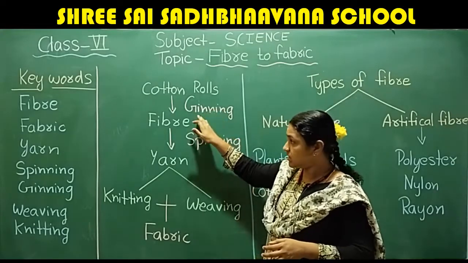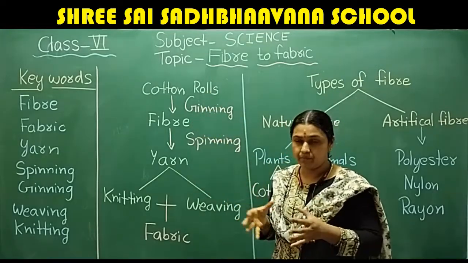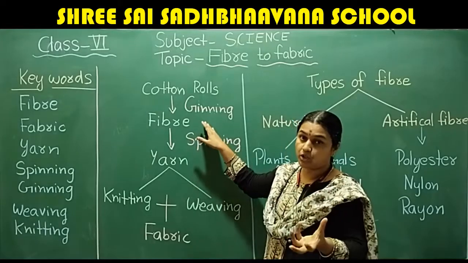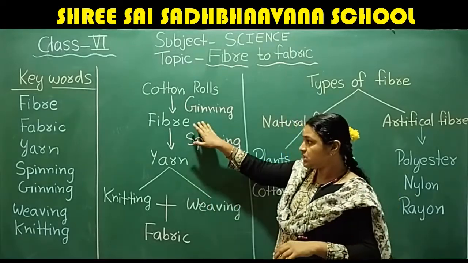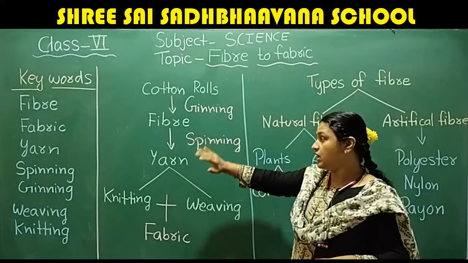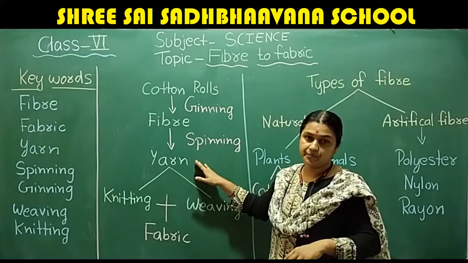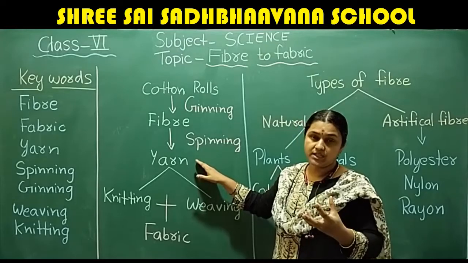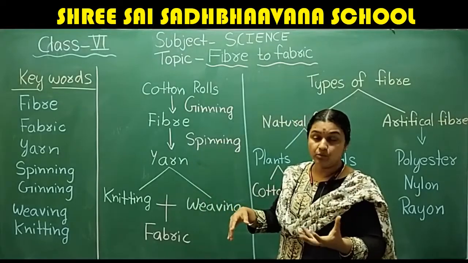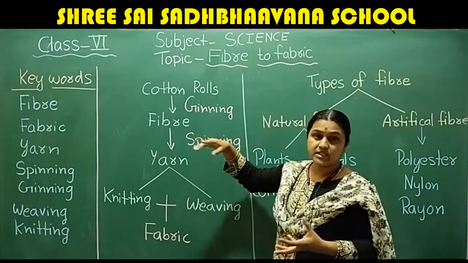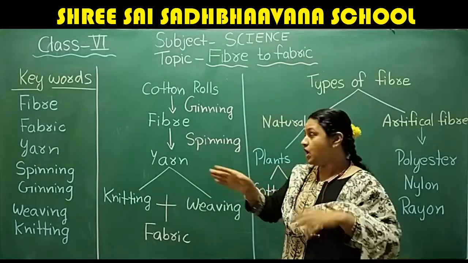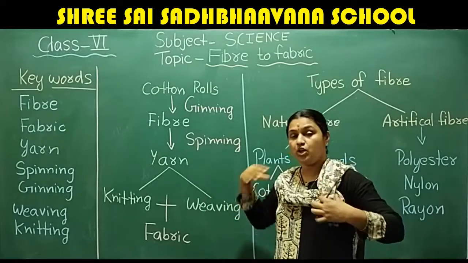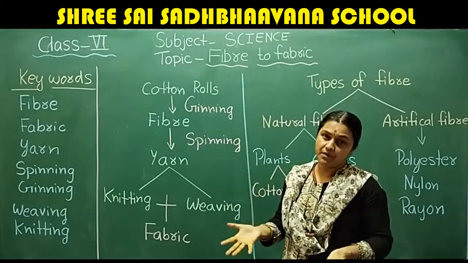Now, once you remove the seed from the cotton, you have this cotton to make a fiber, a long thread. Now, this fiber has to be converted into yarn. What is a yarn? A yarn is a ball which has this thread. It's the long thread that has been rolled into a yarn, which can be used for weaving the fabric.